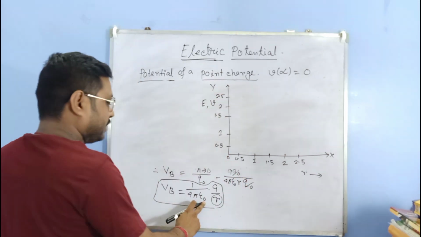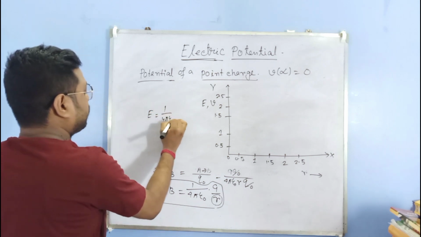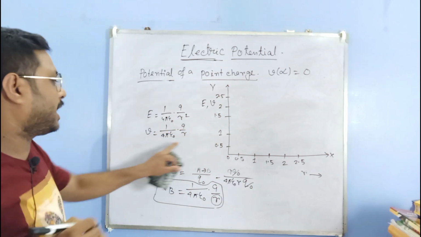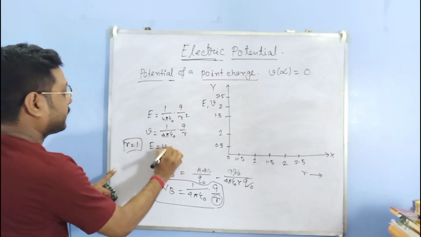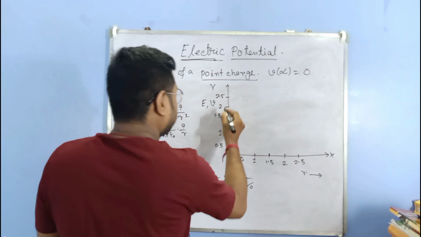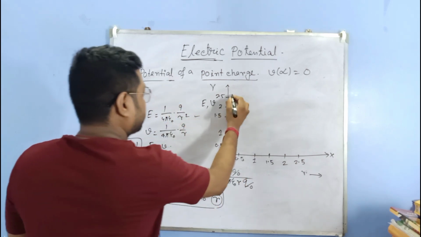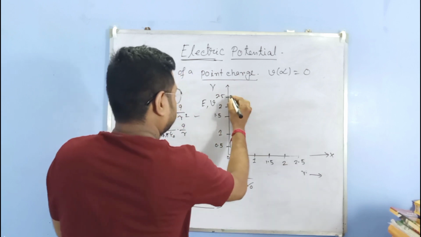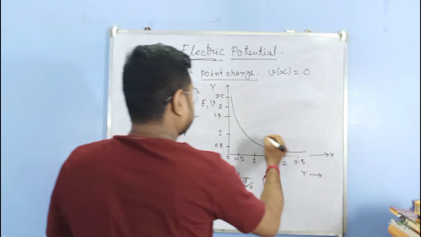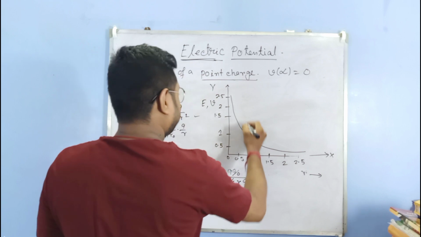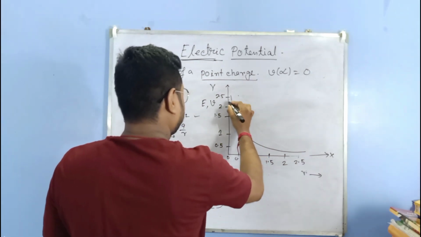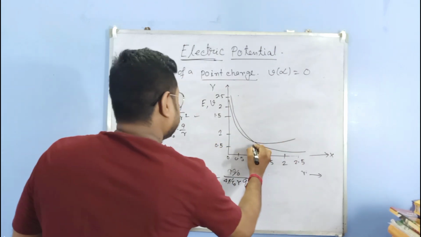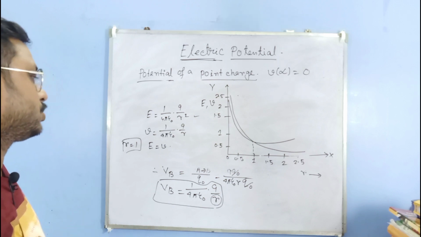Electric field is 1 by 4 pi epsilon naught Q by R square, and potential is 1 by 4 pi epsilon naught Q by R. So if we put R equal to 1, then E equals V. At first we saw the graph E equal to 1 by R square, that is this type, and the potential graph is above it. This point is equal to V.